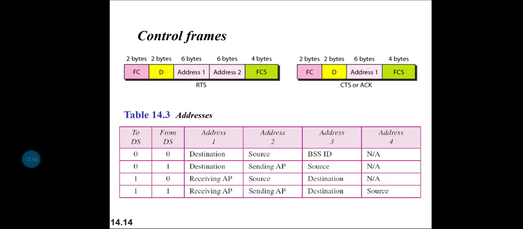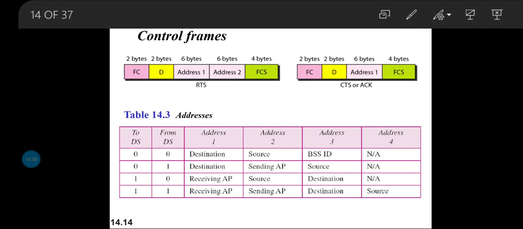Now we are moving forward to look at what should be the content of these addresses. The IEEE 802.11 addressing mechanism specifies 4 cases depending upon the combinations of the flag bits that we are trying to use in the FC field, that is, the frame control field.